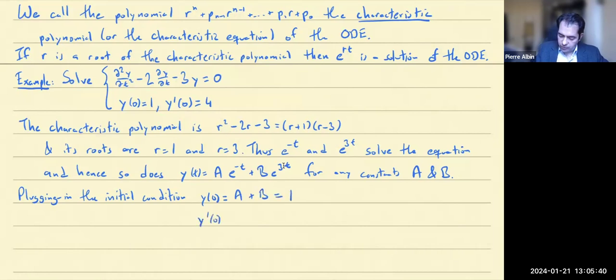Then y prime of 0. Okay, well, if I take the derivative, here I would get minus a e to the minus t plus 3 times b e to the 3t. And then we need to plug in t equal to 0, right? And I need that to equal 4. So when you plug in t equal to 0, you get minus a plus 3b, and we need that to be equal to 4.